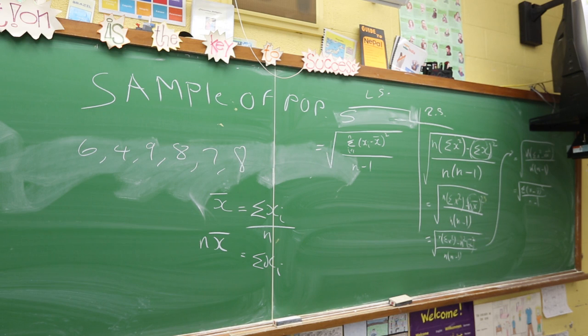And then next, he factors out an n from the two terms in the numerator under the radical. That's going to leave him with sum of x squared minus n x bar squared, which is what he has up there. He gets rid of the n's, he's done.